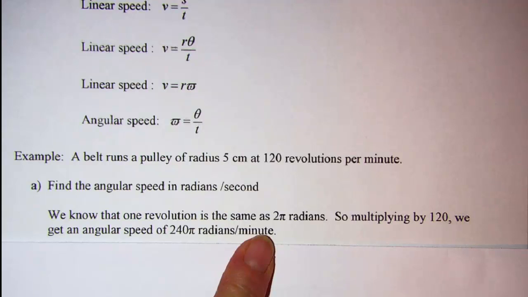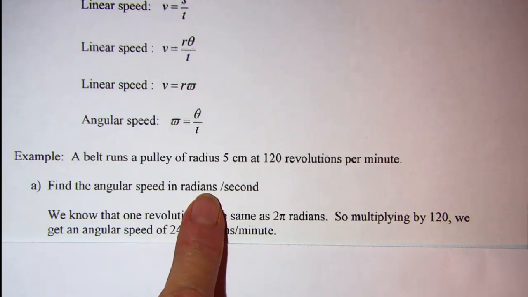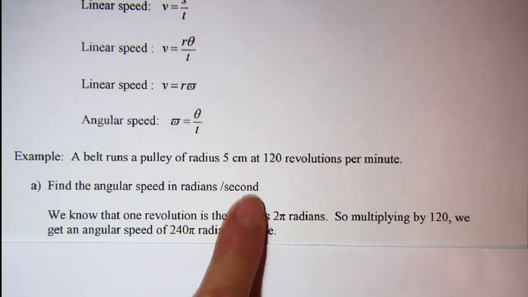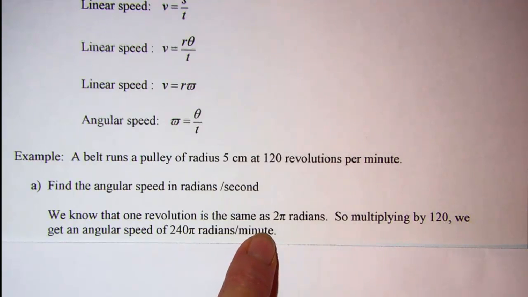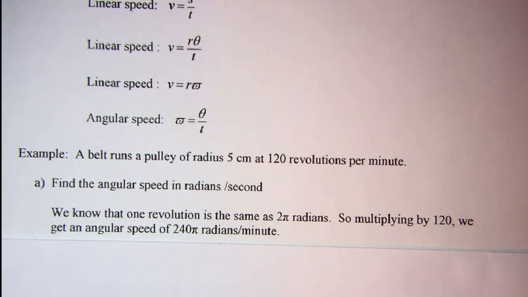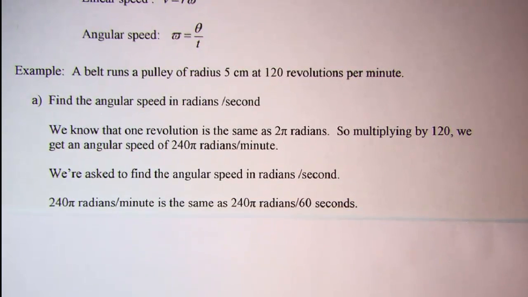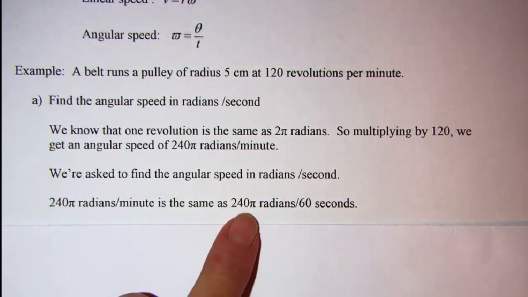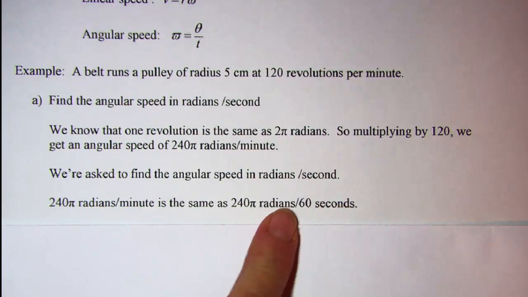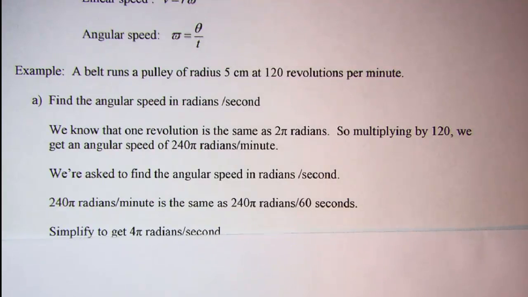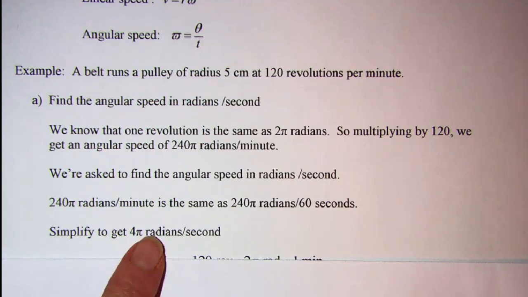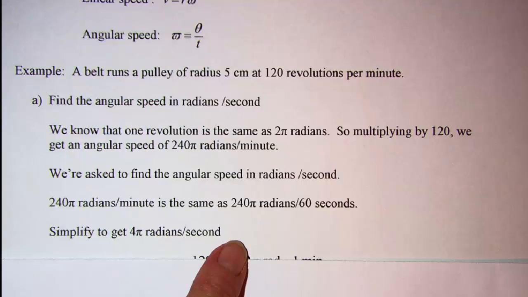We're asked to find the angular speed in radians per second. So this unit of time, minutes, we need to change to seconds. So we make that 240 pi radians in 60 seconds and then simplify that fraction and we get 4 pi radians per second.